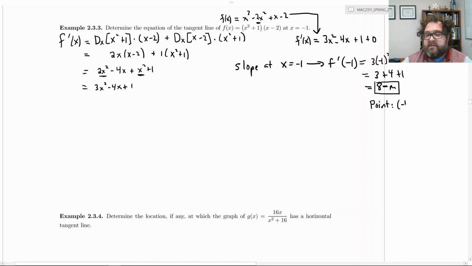Now we have a point. All we're given is the x value. But remember, to find the y value, you evaluate the original function. So that's just algebra. If you want to find the y value that corresponds to an x value, you look at the original function f. So what do we get when we plug in negative 1 into f? If you plug in negative 1 up here to the original formulation, we have what? Negative 1 squared is positive 1, plus 1 is 2.